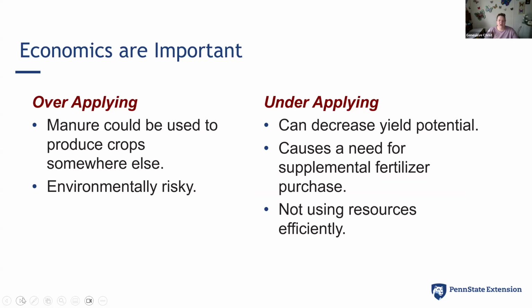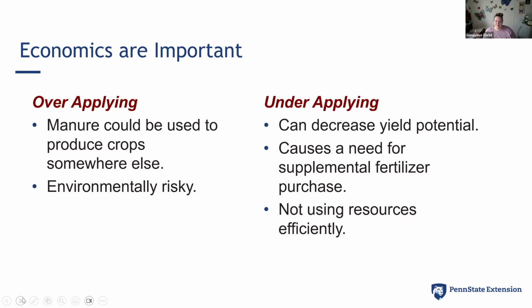And so, if we're over applying manure because our sample manure test results are not accurate or our spreader is not calibrated properly, that manure could be used somewhere else on that farm, which would decrease the need maybe to be buying fertilizer for a certain area. And also over applying manure, of course, is very environmentally risky and something that is not recommended ever whatsoever.